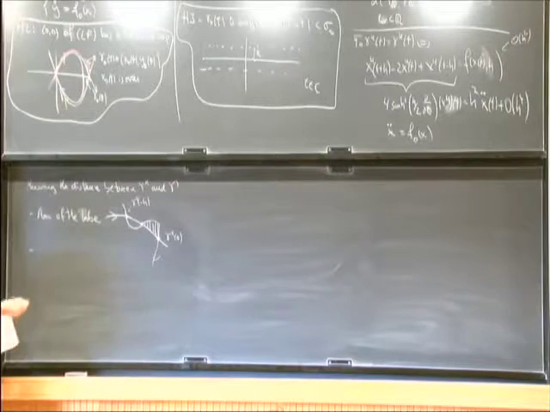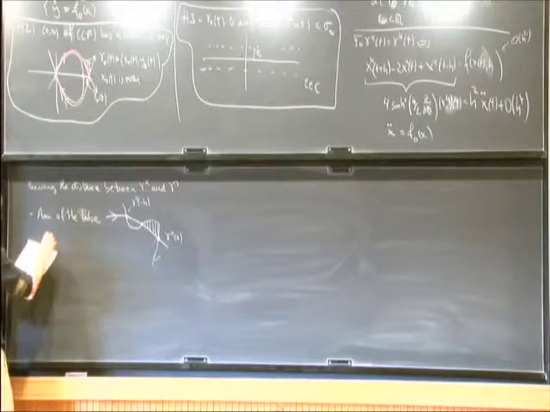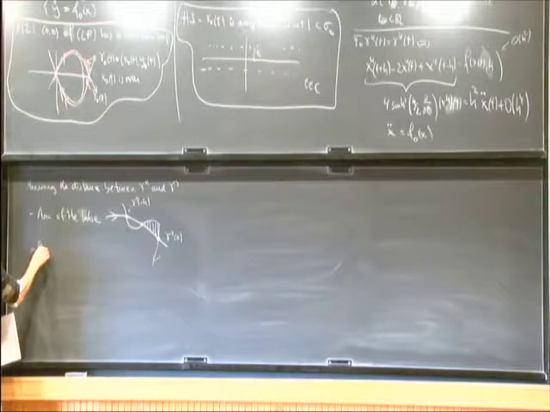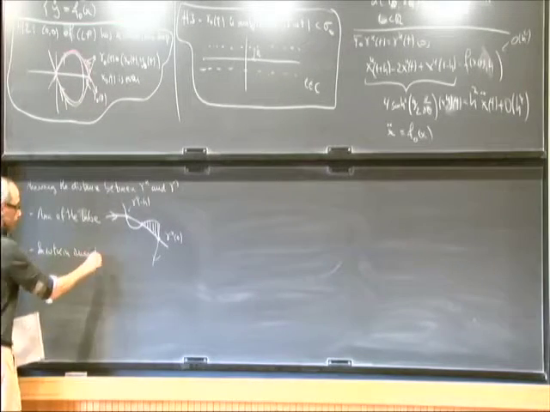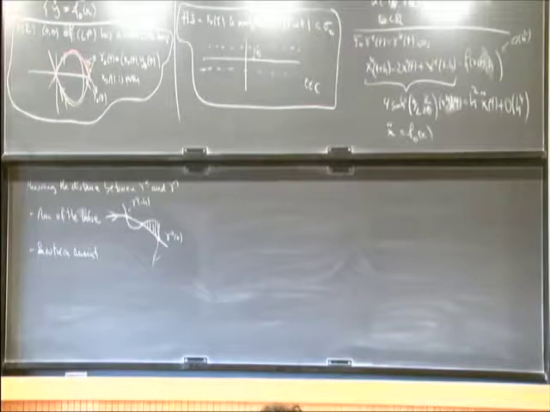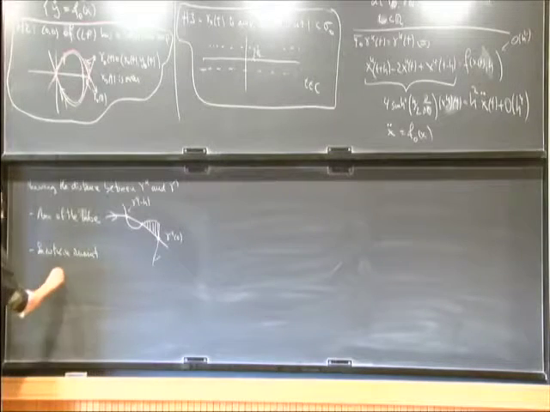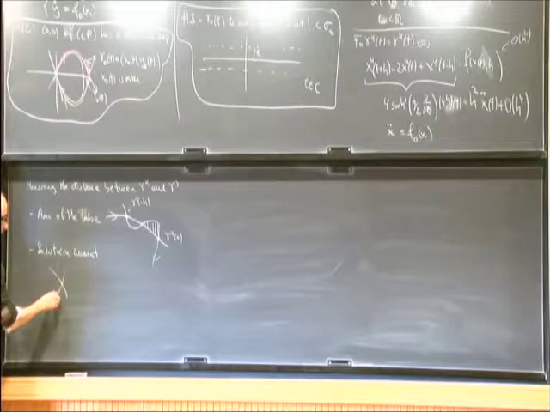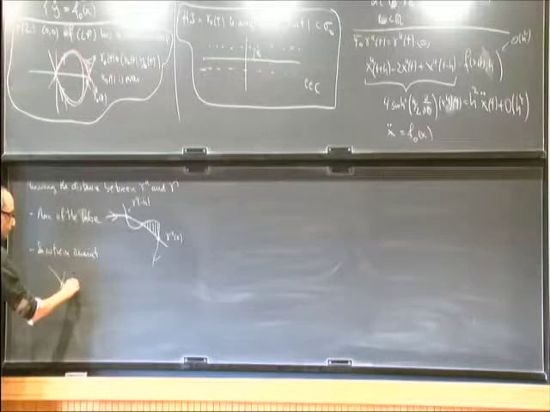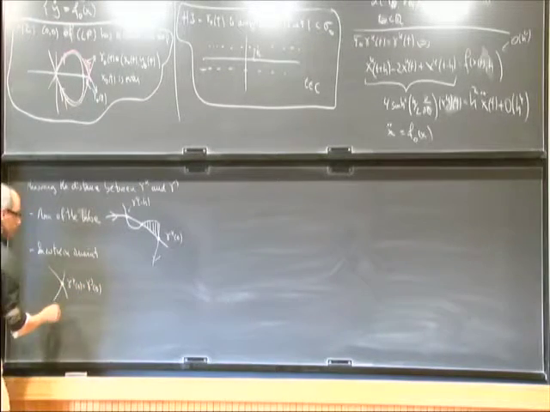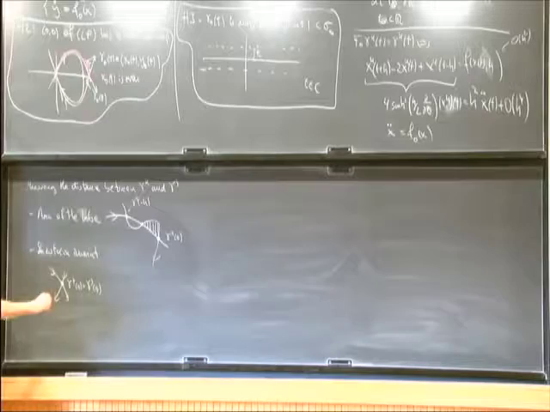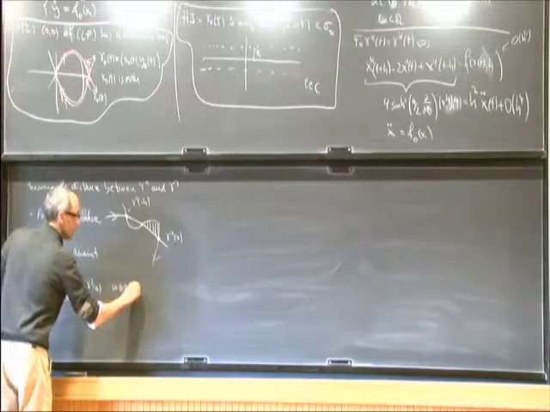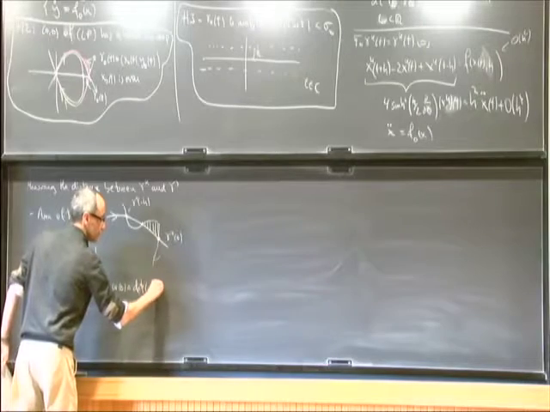Or we can try to compute what is called the Lazutkin invariant, for which I give here a precise definition. If I assume that the invariant manifolds are parameterized with natural parameterizations, and in this setting they intersect at 0, then the Lazutkin invariant is the determinant of the derivatives.